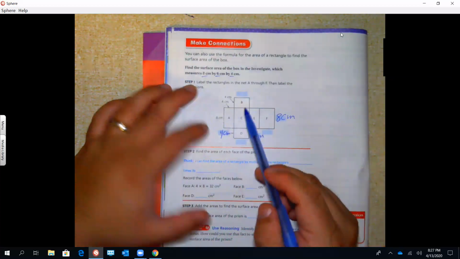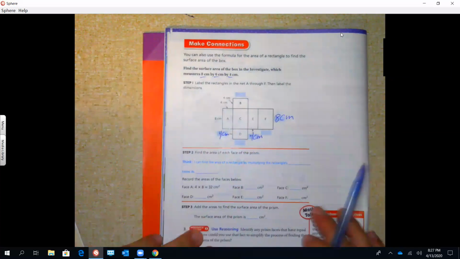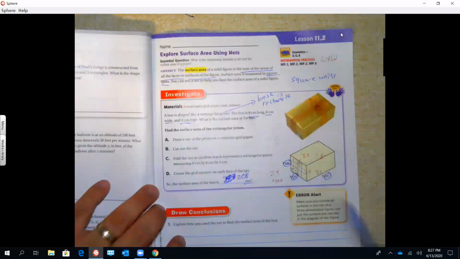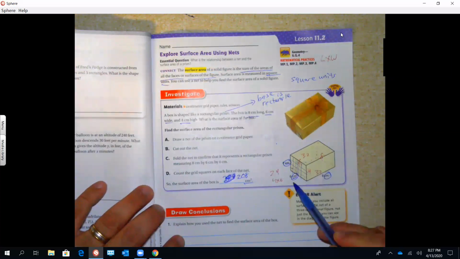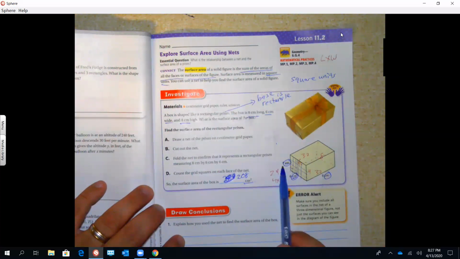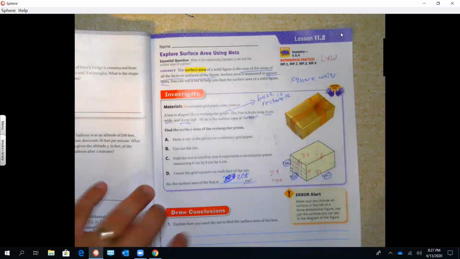So if we remember, going back to the previous page, 8 by 6, 6 by 4. So between the 2 8s and the 4, you should have a 6. So one of the edges is a 6.